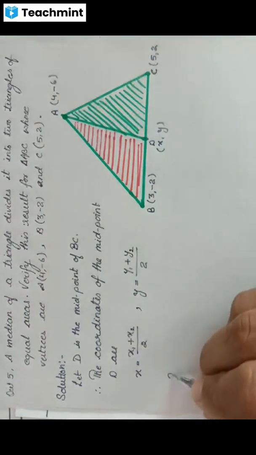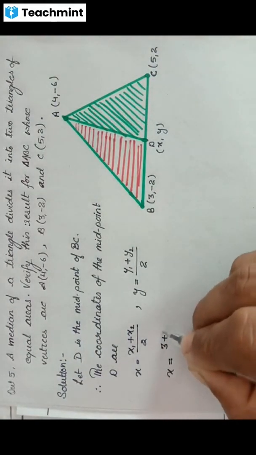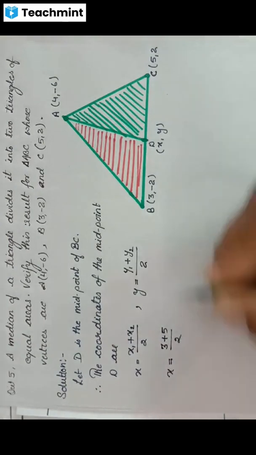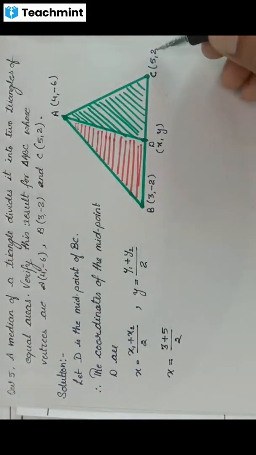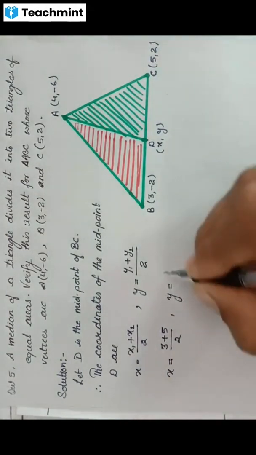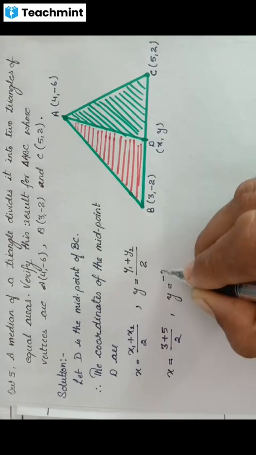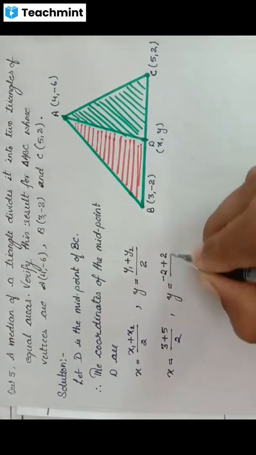So your x coordinate is equal to 3 plus 5 upon 2, because we consider x1, y1 and x2, y2, comma, and y is -2 plus 2, then upon 2.